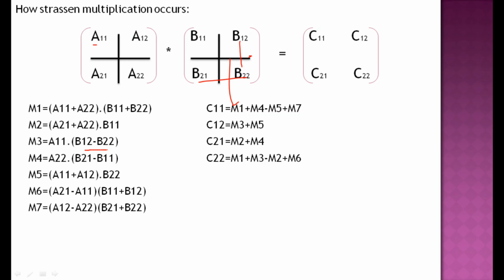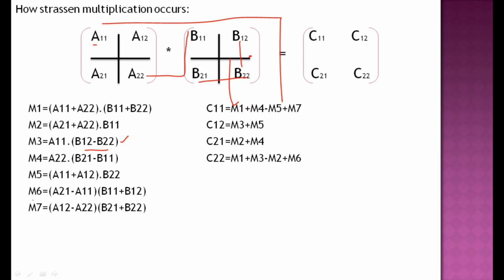These two are taken vertically, so they are subtracted. Next, a22 into (b21 minus b11). So here in this way and this way. Next, L shape for understanding it very clearly.